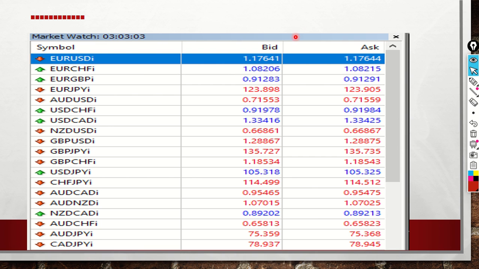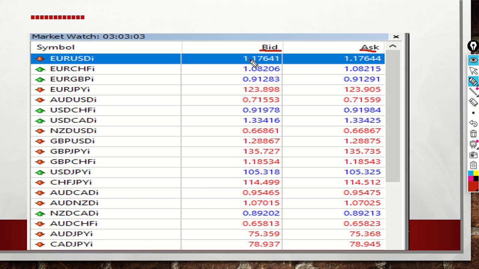So let's watch on the market watch what I was talking about. So we have the bid price and the ask price, the bid price being lower than the ask price. This is my platform. It offers me 5 numbers after the comma.